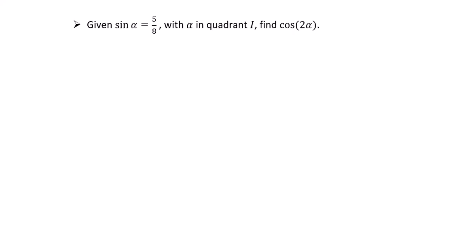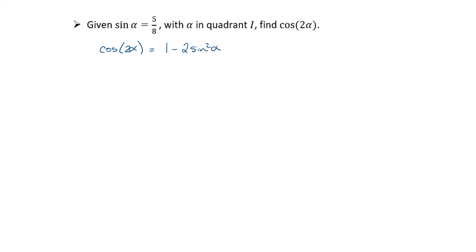Given the sine of alpha equals 5/8 with alpha in quadrant 1, find the cosine of 2 alpha. So I know that the cosine of 2 alpha is equal to 1 minus 2 sine squared alpha.